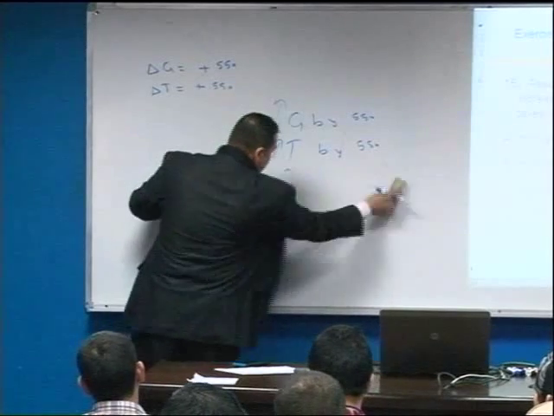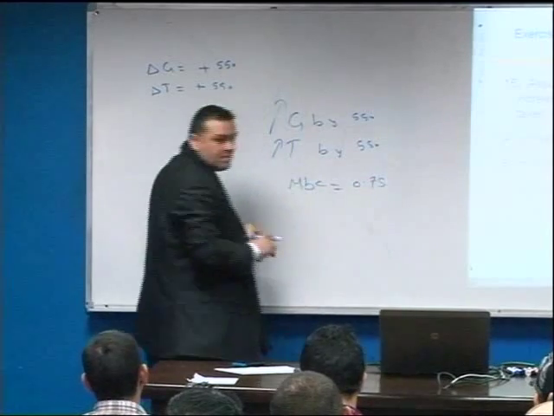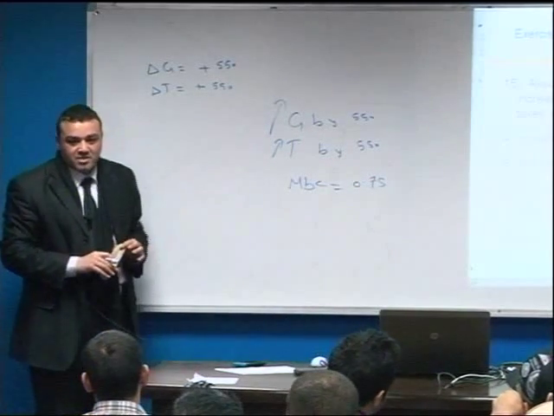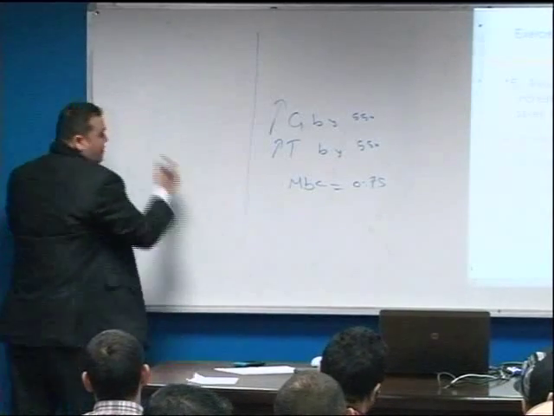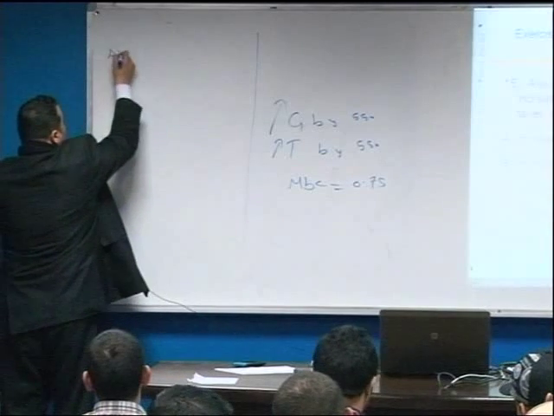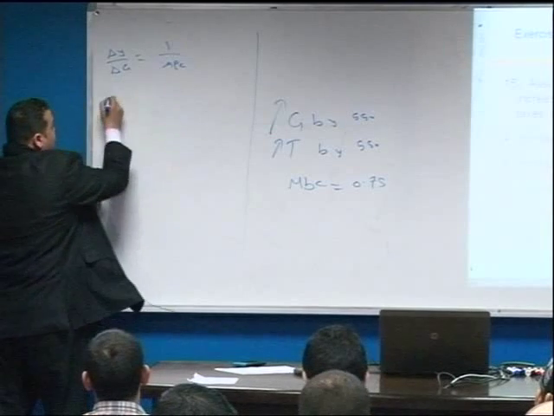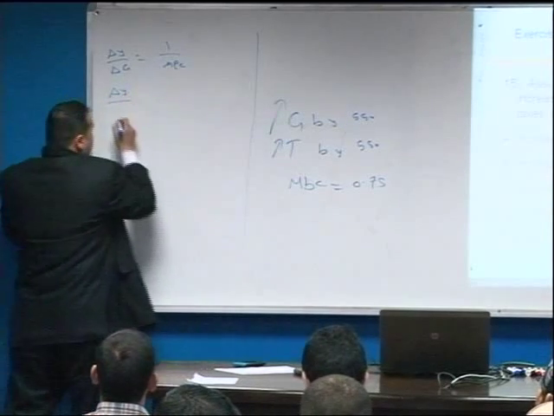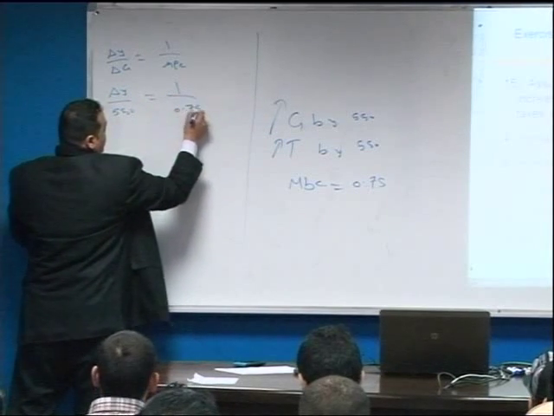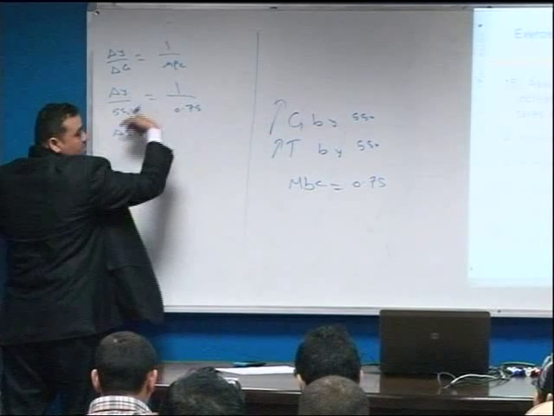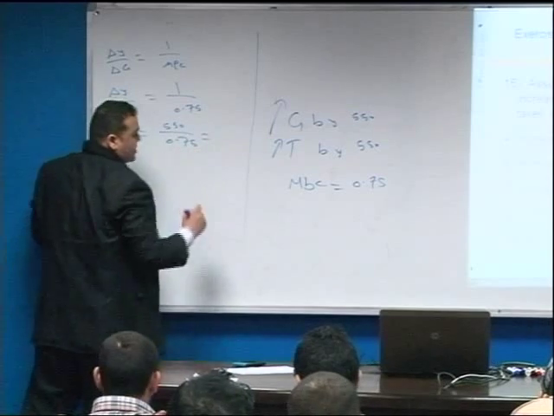Calculate the change in the aggregate output. Let us use the government spending multiplier: delta Y over delta G equals 1 over MPS. So delta Y over delta G, with an increase of 550, equals 1 over 0.25.